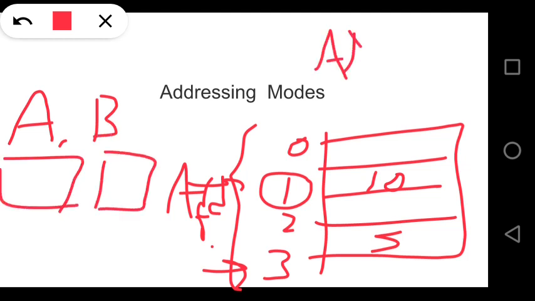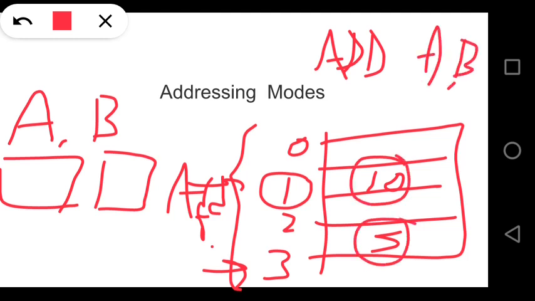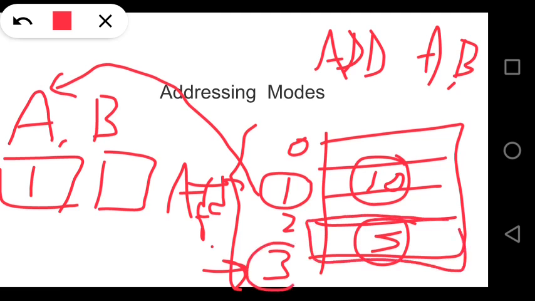Now when I say add A comma B, we are trying to add the values 10 and 5. The value 10 is stored at memory location 1, so register A should contain the value 1. Similarly, the value 5 is stored at memory location 3, so this register has to store the value 3. So when you say add A comma B, you are not actually adding the values 1 and 3. No.